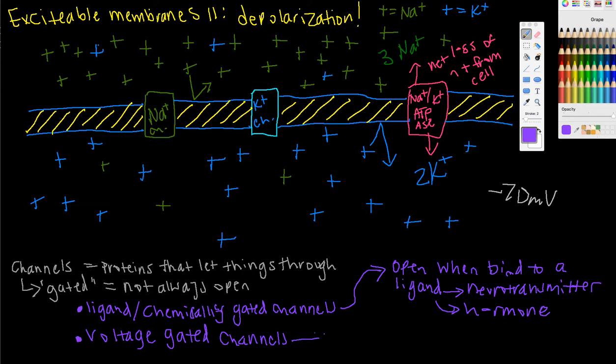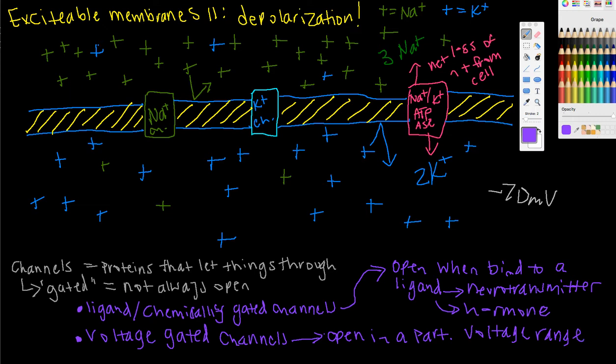The other is voltage-gated channels, and these only open within a particular voltage range. At all other voltages of the membrane, they're closed. I'm going to abbreviate particular voltage range.